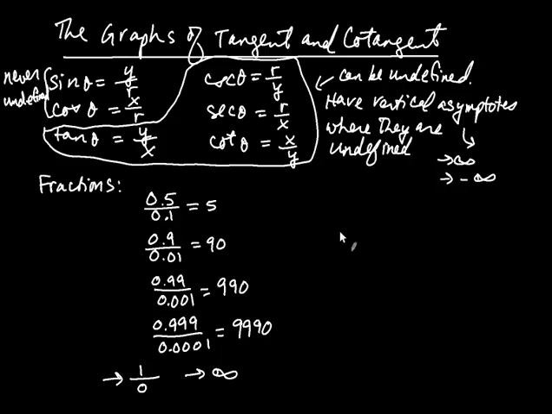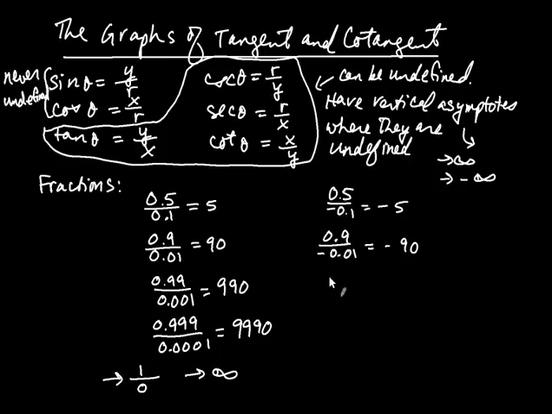Now we can also play a similar game by making one of these negative, or both of them negative if you want. Let's just see what it looks like if one of them is negative. Let's say you had 0.5 divided by negative 0.1. Well, positive over a negative is a negative, and it's going to be just negative 5. And then likewise 0.9 divided by negative 0.01 is going to be negative 90.